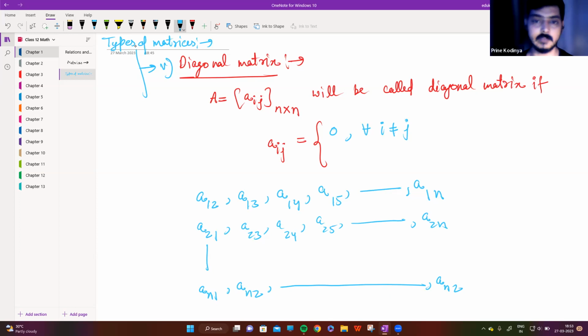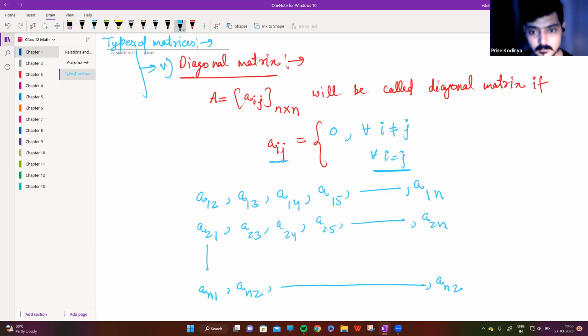i and j both can take value 1, both can take 2, both can take 3, both can take up to n. So A11, A22, A33, A44, A55, A66, up to Ann. All of these will be diagonal elements, which are represented like this: Aij for i equal to j.